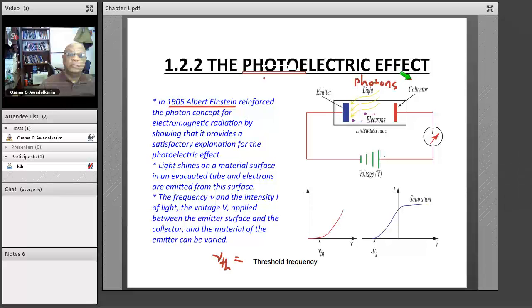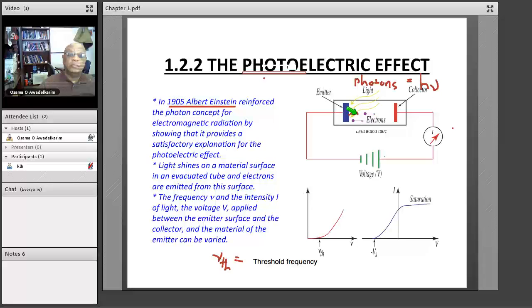They have energy, and their energy is h nu. That's the energy of light. So there will come a time when, as nu increases, h nu threshold will be enough photon energy to free an electron on the plate.